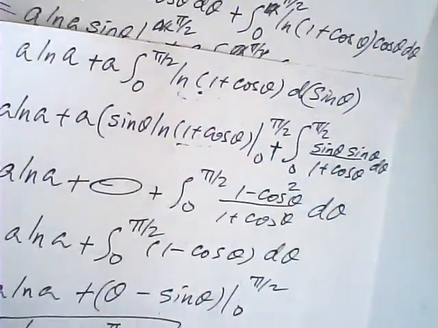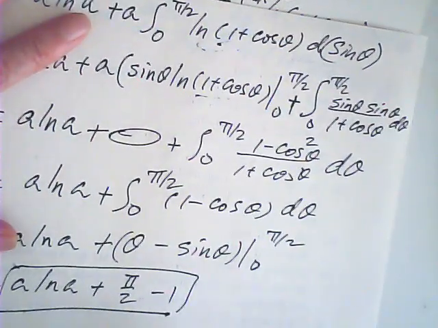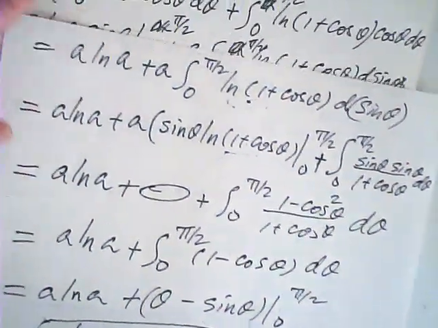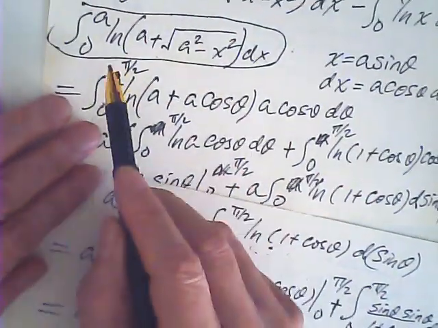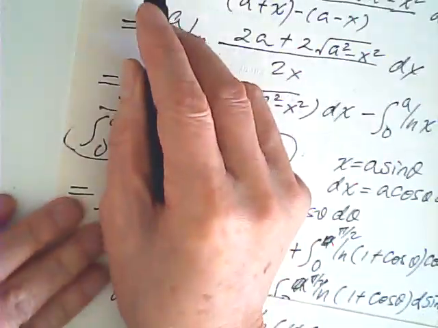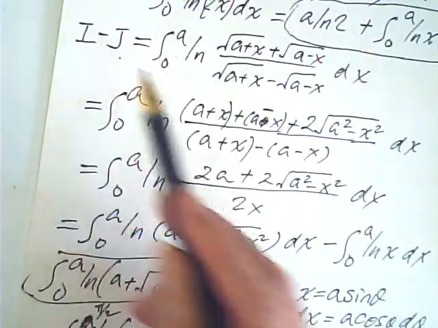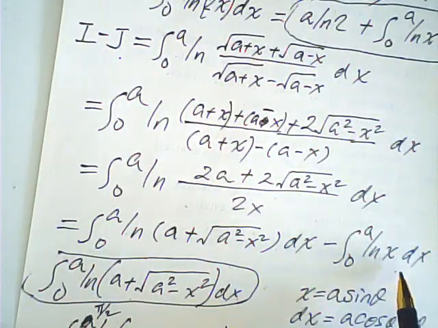Now I minus J. I minus J is this minus this.